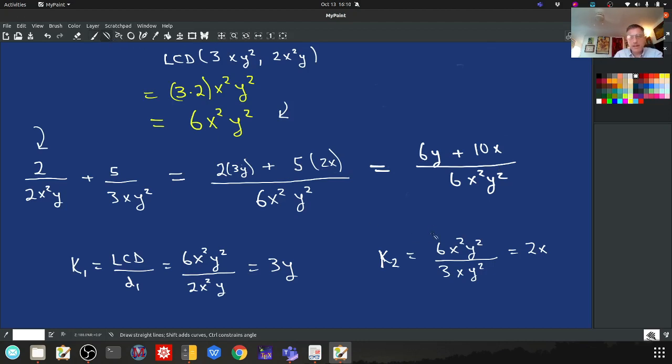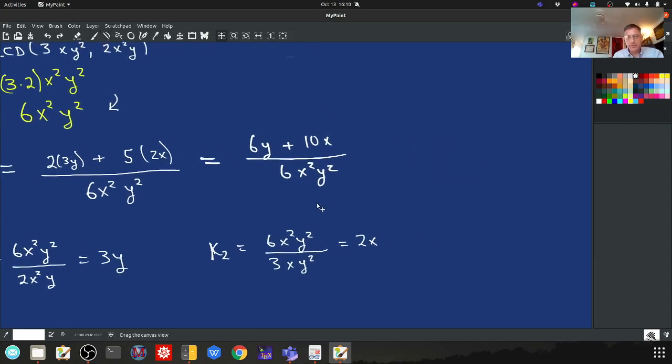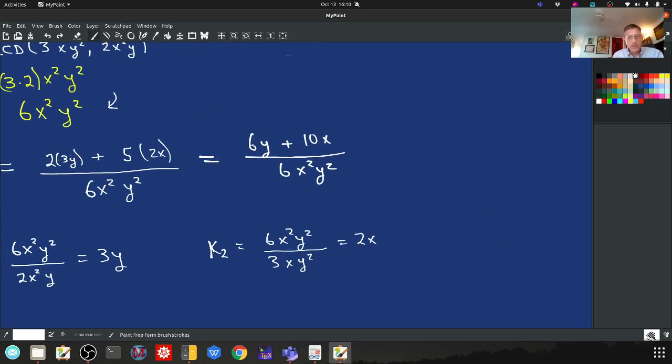Because we can factor, we can simplify the numerator. The GCF of these two terms is going to be 2. You can factor out a 2. 6y divided by 2 leaves me 3y. 10x divided by 2 leaves me 5x.